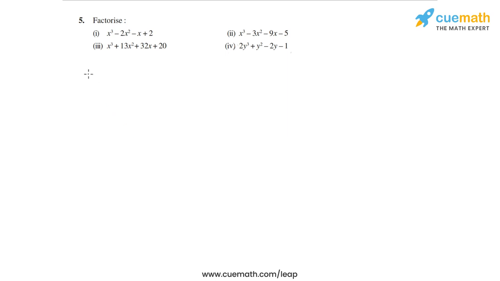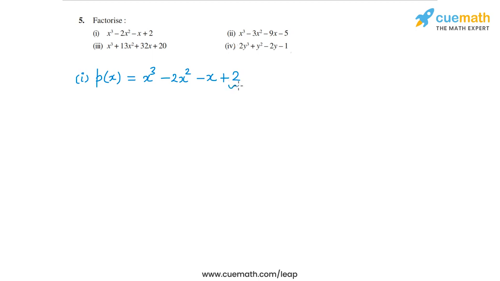So let's start with the first part. In the first part, the polynomial p(x) is x cube minus 2x square minus x plus 2. So how do we use the factor theorem to find out one factor of this polynomial?